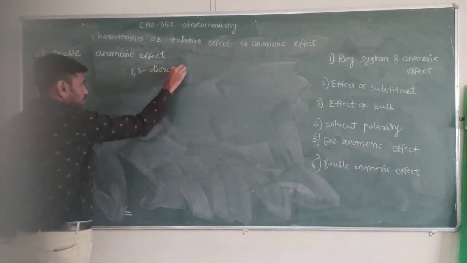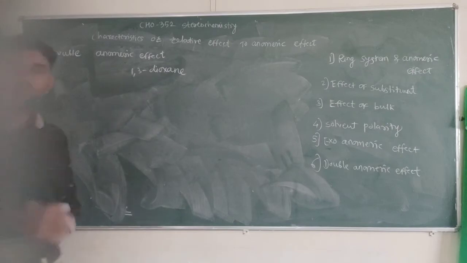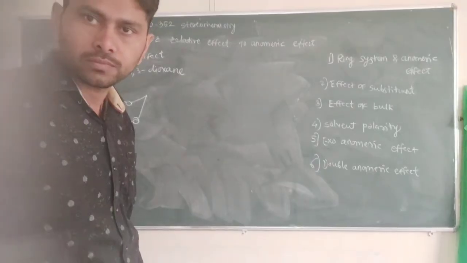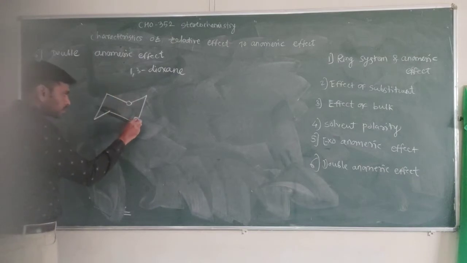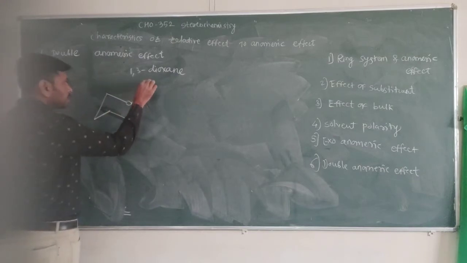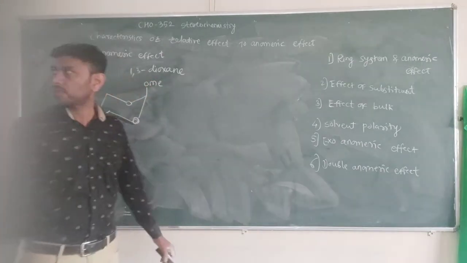Here two oxygen atoms are there. In this 1,3-dioxane compound, if an axial substituent is there in this position.